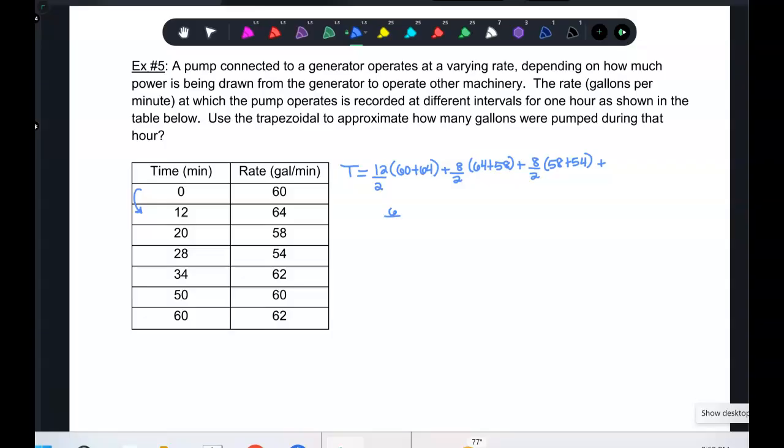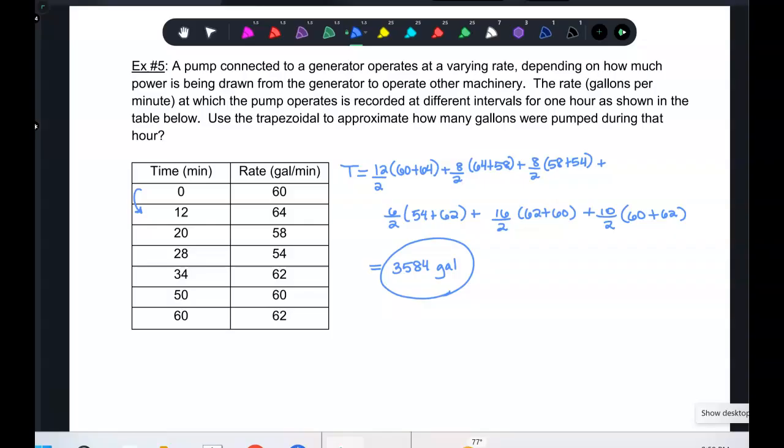I'm going to just write it down here. 54 plus 62. 16 over 2, 62 plus 60. And the last one's 10 over 2, 60 plus 62. 3,584 gallons.